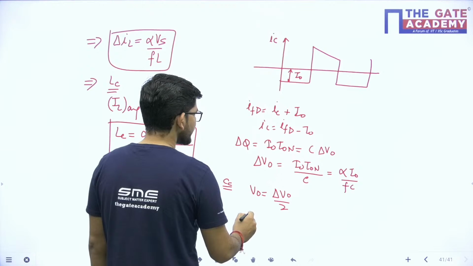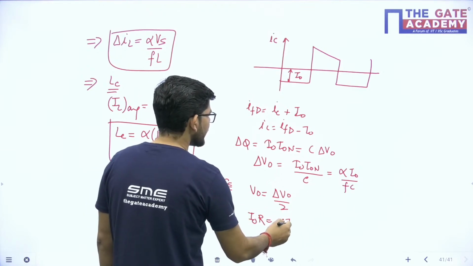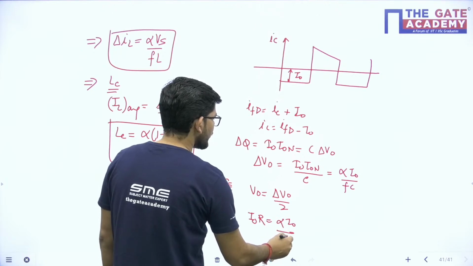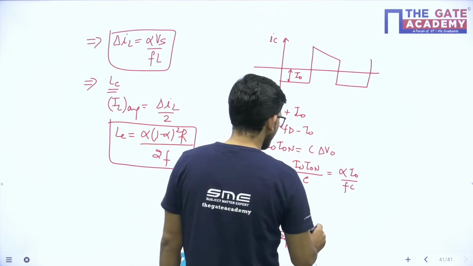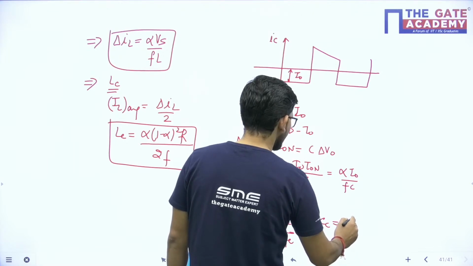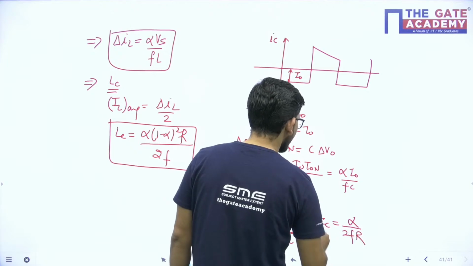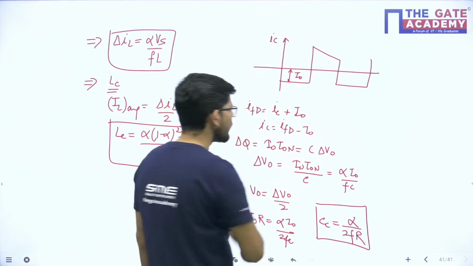So V naught is basically equal to I naught into R. Del V naught we have calculated as alpha I naught upon 2 FC. So what will you get here? From here, CC, that is critical capacitance, will be equal to alpha upon 2FR, and this is a very important formula.